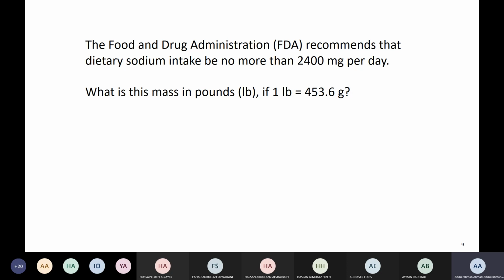Let's solve this problem very quickly. If you have 2,400 milligram, and I know that 1 pound equals 453.6 gram, can you convert this milligram into pound? Use a conversion factor.